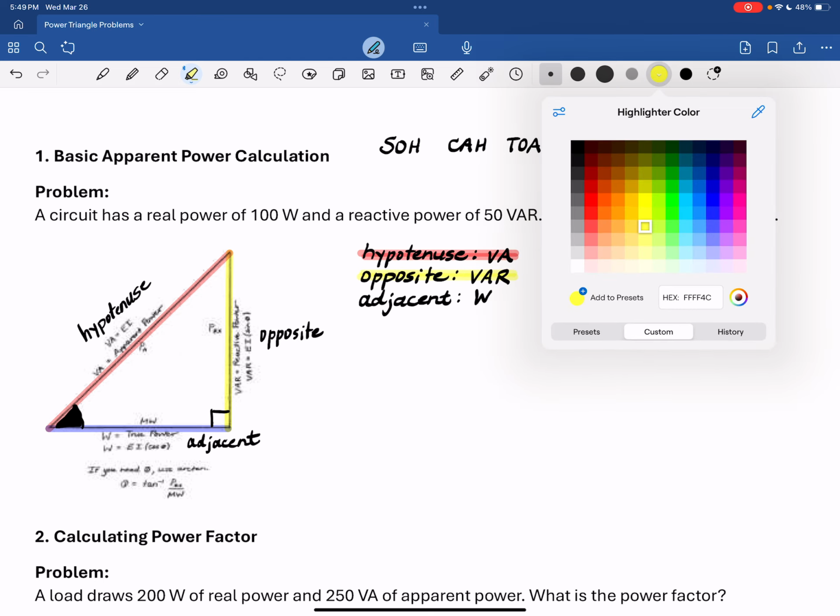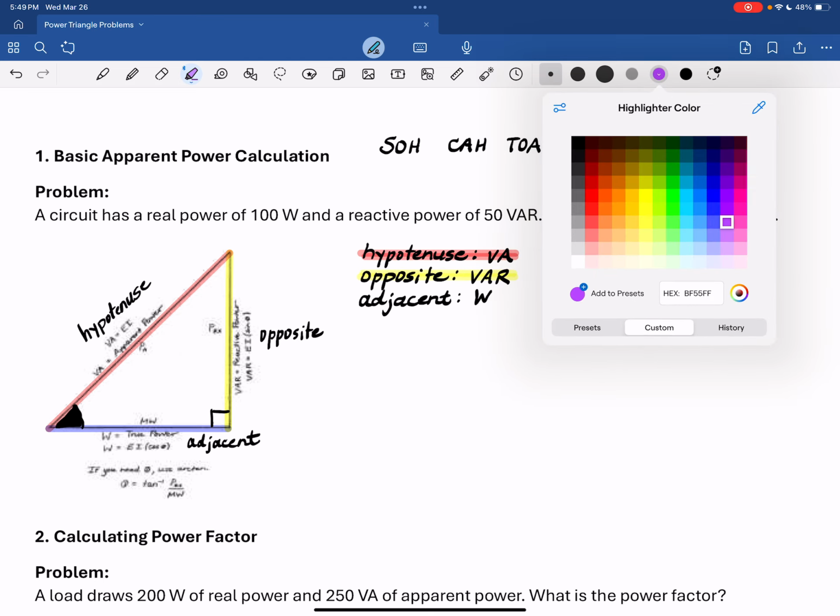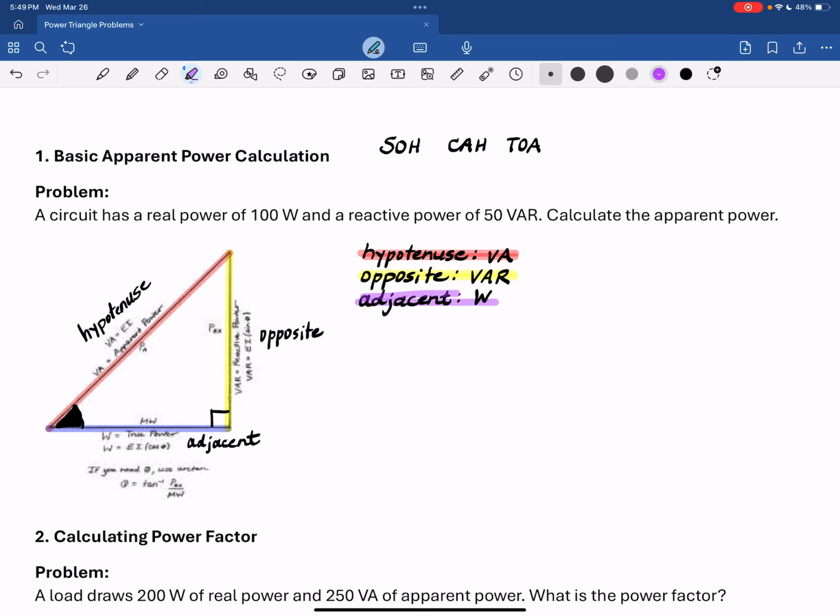And then your adjacent side, I'm using that purple color to mark adjacent. So just so you can relate those terms to this picture, because that is critical. You also need to know theta, which is your angle measurement. That is the Greek letter theta, and that will be your angle number if you have one.